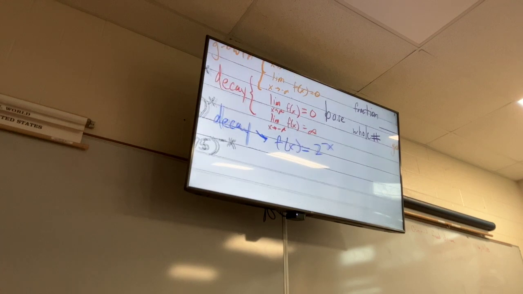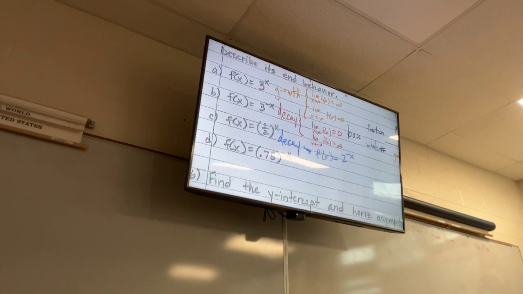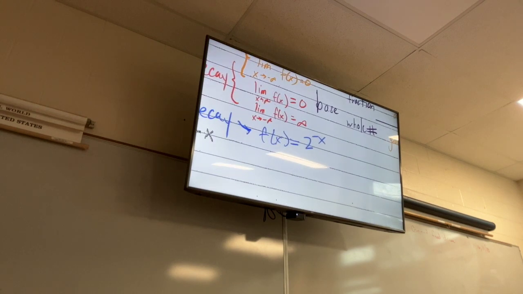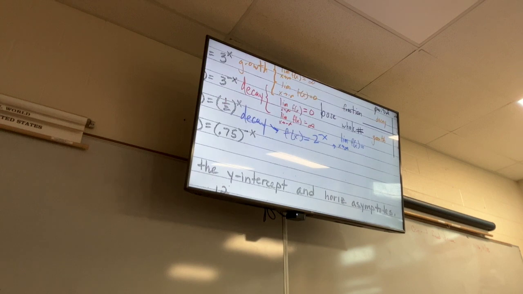If we just flip the sign on the exponent, we can flip the fraction inside to its reciprocal. So the limit as we go to the right forever is what, Maggie? It's decay. We're going to the right forever, it decays. 0, yeah. And then what's the limit as we go to the left forever?